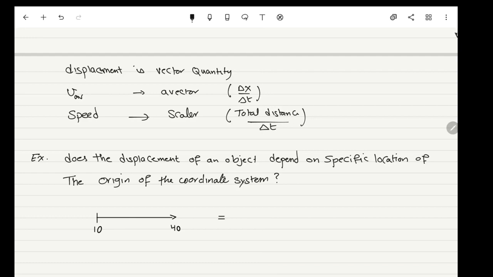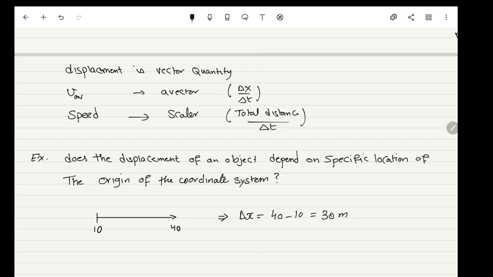In this case here, the displacement equals 40 minus 10, in this case equal to 30 meters.